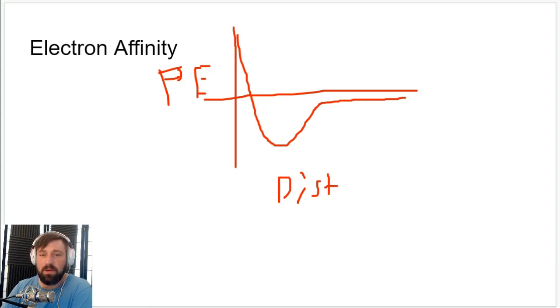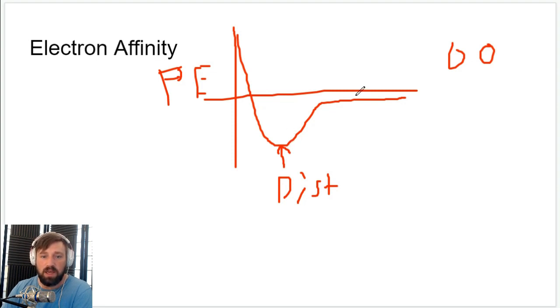The graph is typically about 2 atoms being close together, and what is their potential energy? And what you see is that there's going to be a certain point where they're very, very stable. It's a very low potential energy point. And this is going to be your bond length.